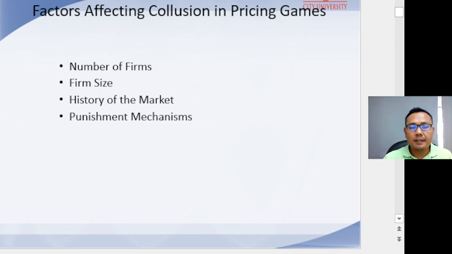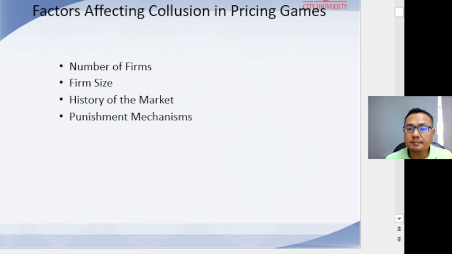Okay, and then the other factor is the history of the market. So one key issue not addressed thus far is how firms reach an understanding to collude. One way is for the firms to explicitly meet and verbally warn their rival not to steal their customers, or else they will be punished.